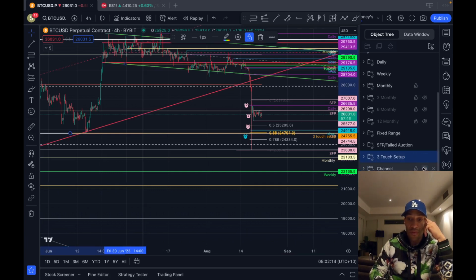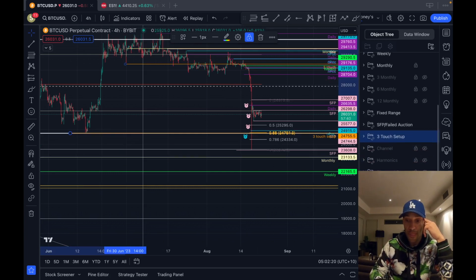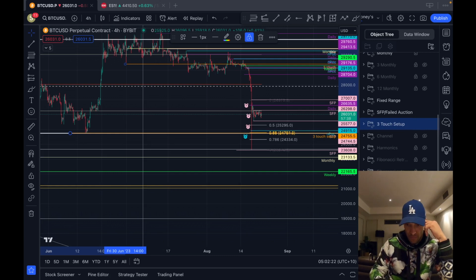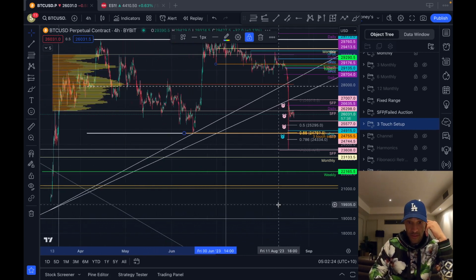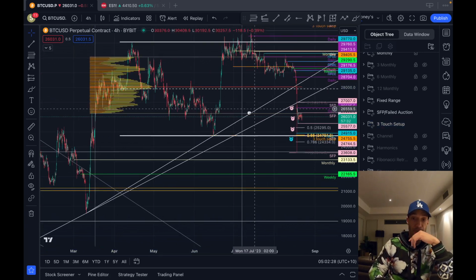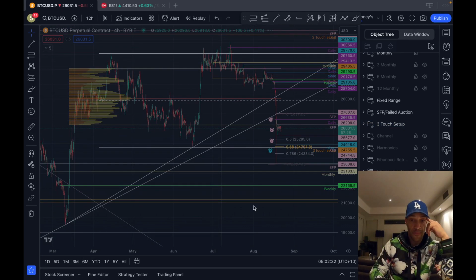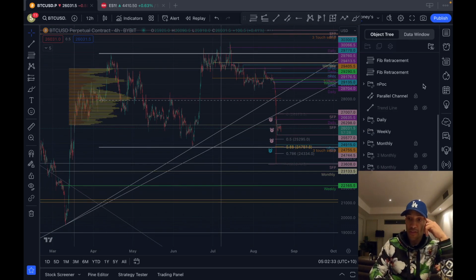No channels at play. Fibonacci we've already looked at. Trend lines. Okay, so you can see, I'll zoom out a little bit more here. I'll get a few things off the charts as well, because it's getting quite messy.